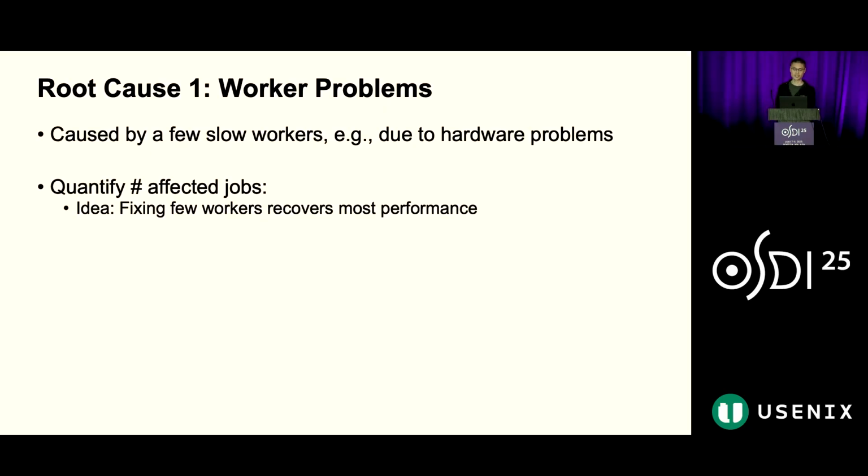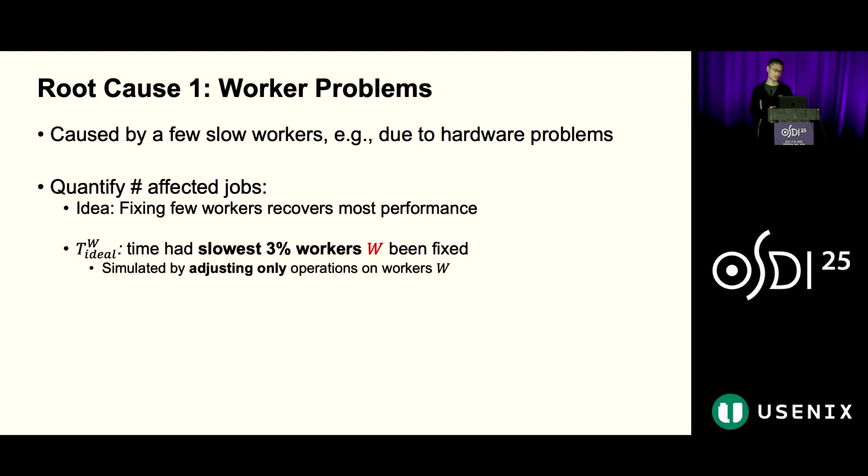To quantify the severity, one important metric is how many jobs are affected. The main idea here to compute this number is that we think fixing a few workers should recover most performance. So we identify this set of workers, the slowest 3% workers, W, and we try to estimate the runtime of the job had this set of workers been fixed.